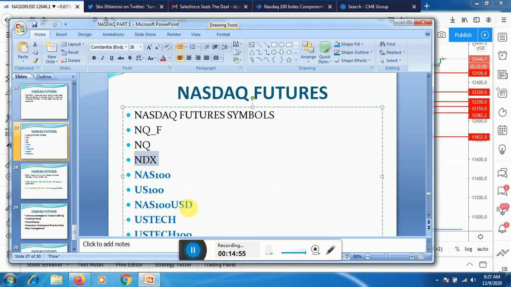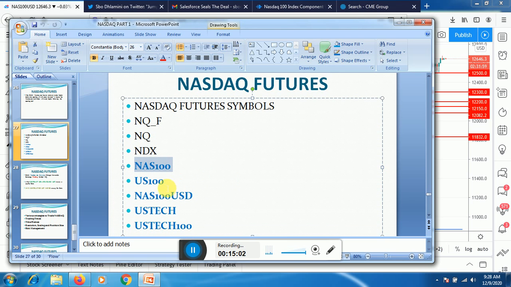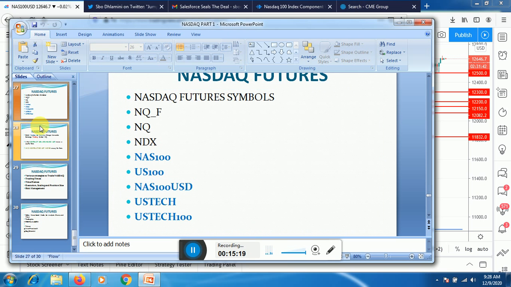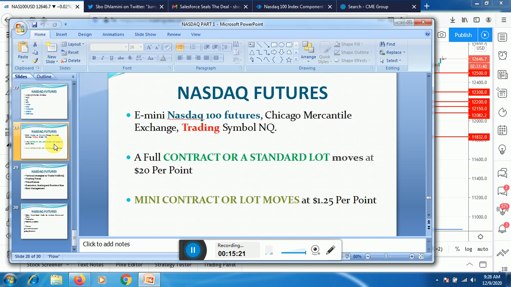Some retail brokers, it's NAS 100 or US 100, and some others call it NAS 100 USD or US Tech 100. So these are the symbols for the NASDAQ futures. So it's important to know which NASDAQ you are trading and talking about.